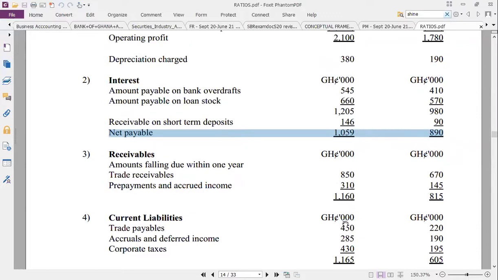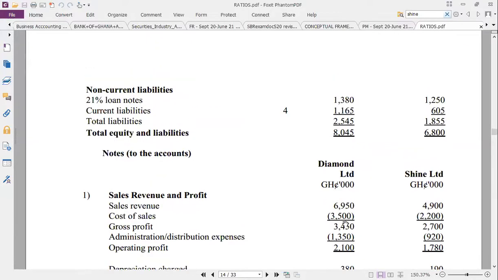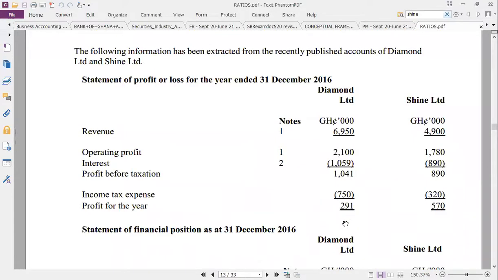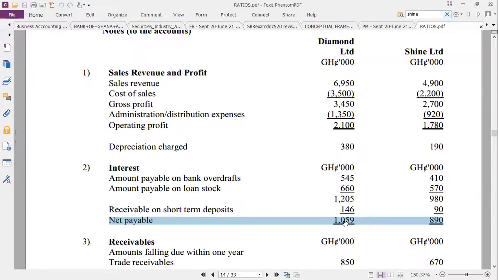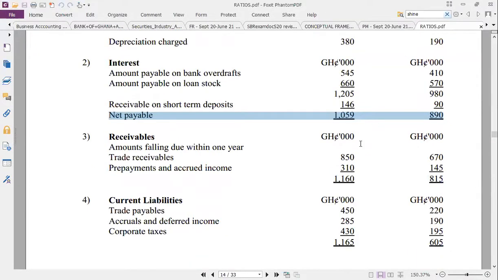So let's go to the financial position. Property, plant, and equipment, they are there. Inventory is there. Receivable, there's a note. So let's go to note 3, receivable. Amount falling due, 850, trade receivable. In fact, the trade receivable is 850. Prepayment and accrued income, 310. No, we want the trade receivable.